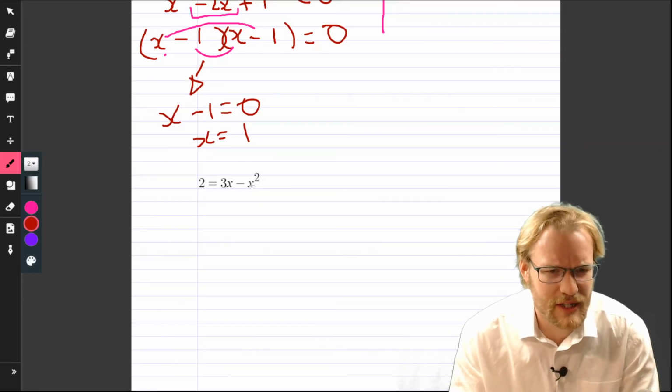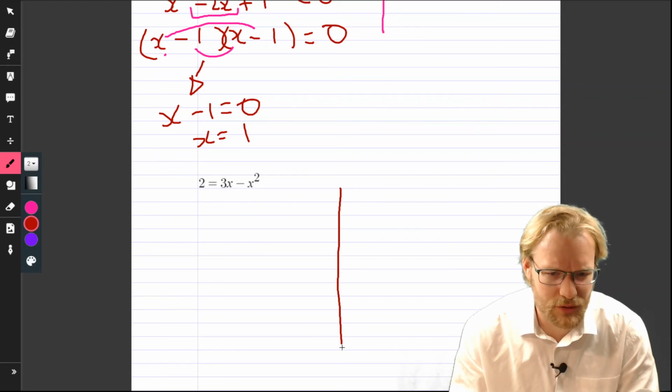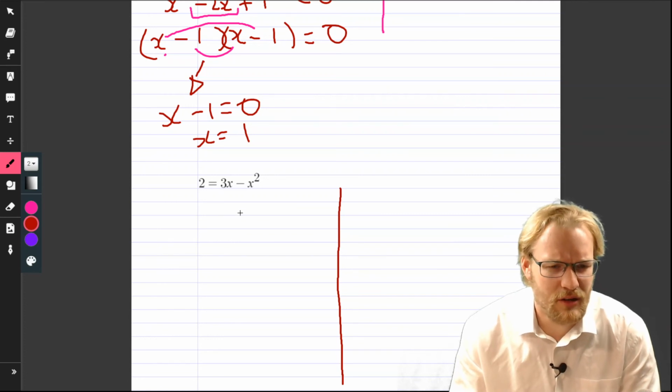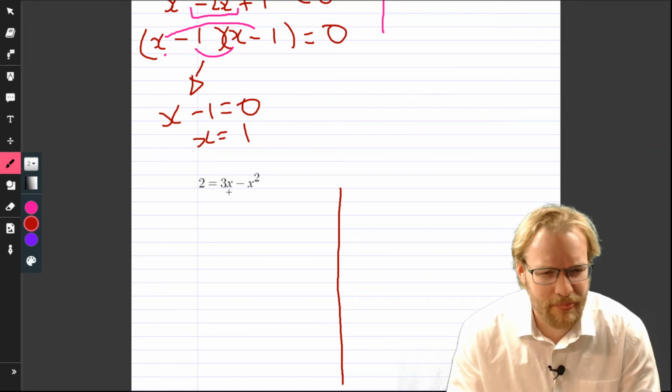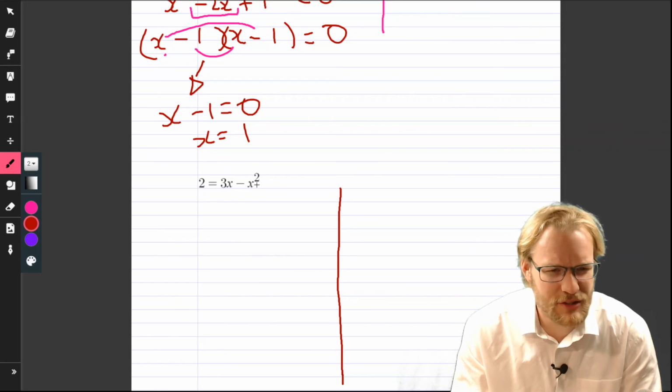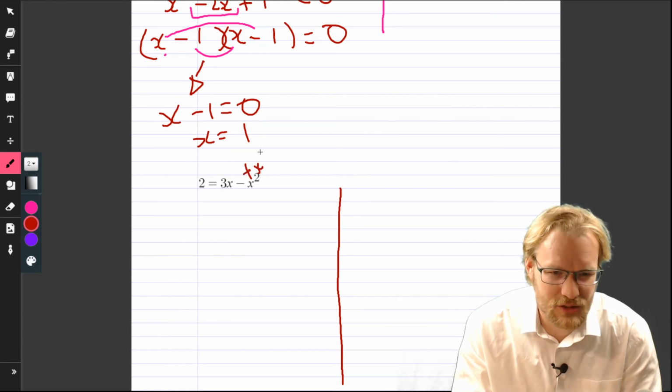2 equals 3x minus x squared. Let's run through it both ways. Do we want our x squareds on the right-hand side, or do we want them on the left-hand side? We've got a negative x squared here. So I would tend to think, let's rearrange so we've got the x squareds on the left-hand side. So if we add an x squared here, we're going to add an x squared here.